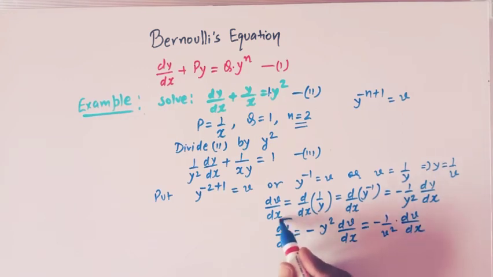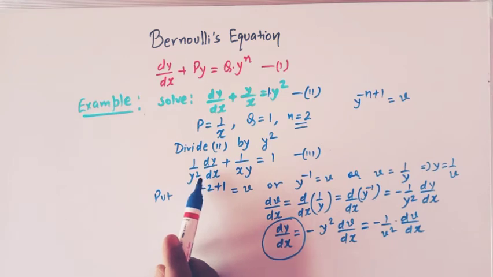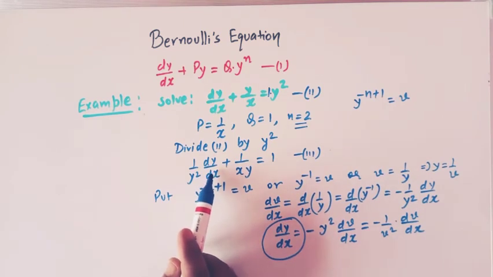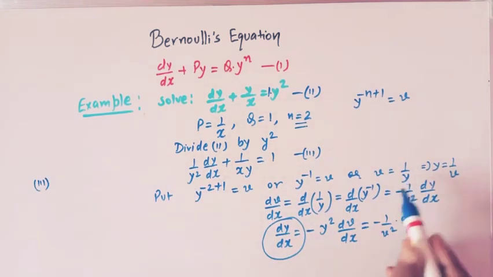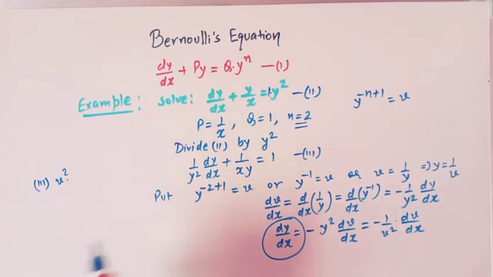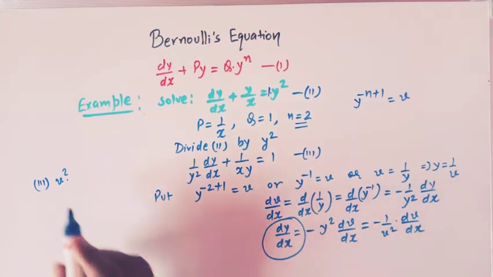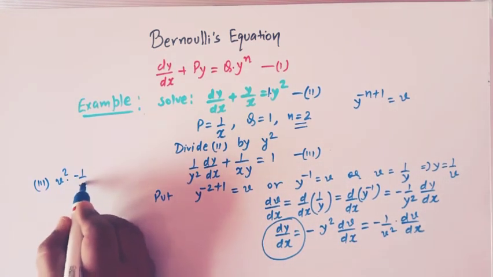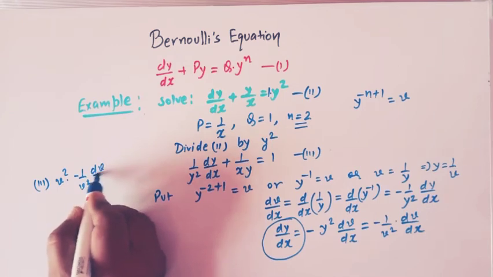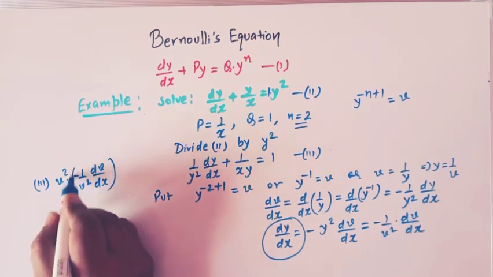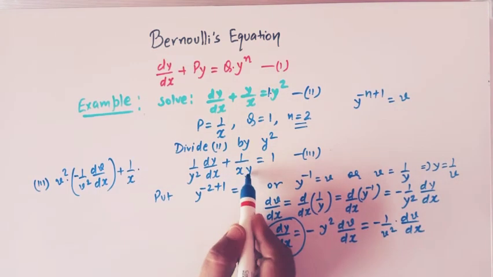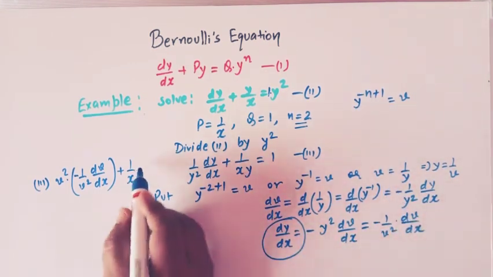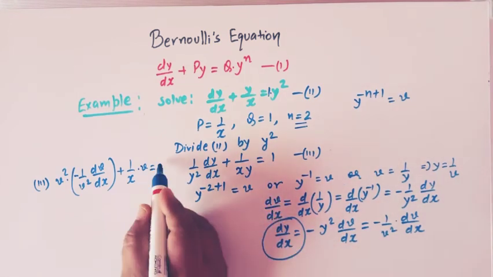Now if we substitute the value of dy over dx here, then we get: 1 over y squared can be written as v squared, and for dy over dx we can write minus 1 over v squared dv over dx, plus 1 over x, and for 1 over y we can write v, and here we have 1, right?